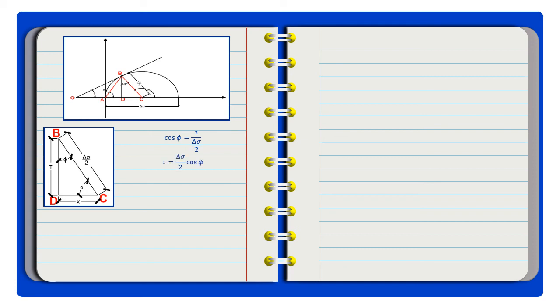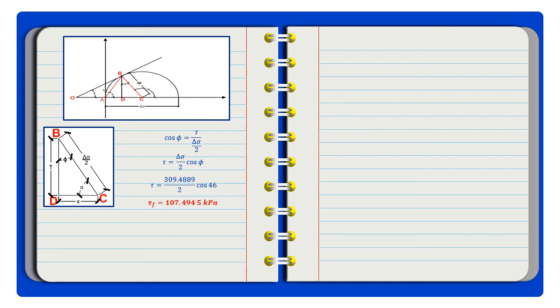Then arranging the terms, tau is equal to delta sigma over 2 cosine of phi. Substituting the values, we have 309.4889 divided by 2 cosine of 46. Using our calculators, tau at failure is 107.4945 kilopascal. So this is the required shear stress at failure.